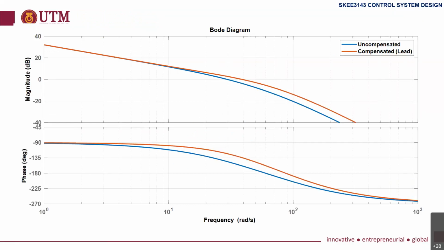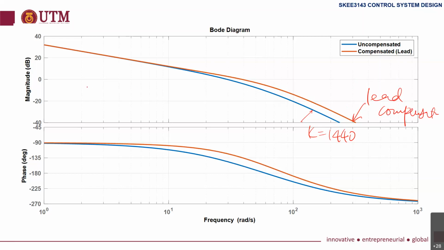Using the compensated system transfer function, I replotted the Bode diagram again. You can see the blue one here is uncompensated with K 1440 without lead compensator. The red in color here is with lead compensator.